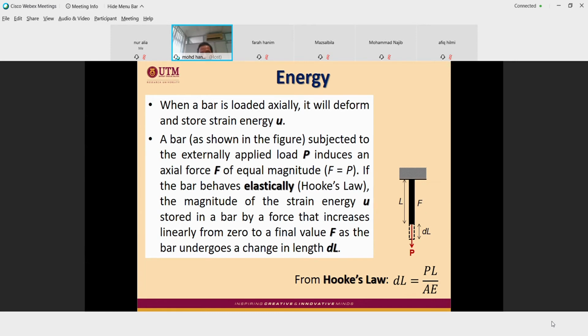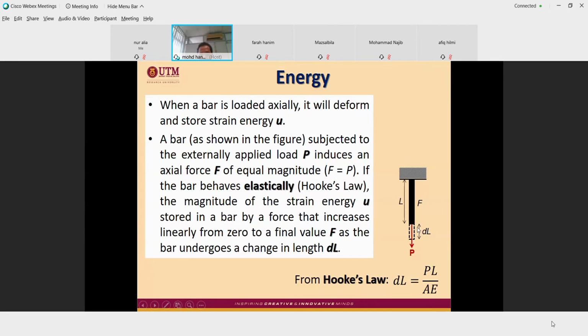Before we go to virtual work, I think this is relevant. We learned this one in statics, sorry, in engineering mechanics, about energy. When a bar is loaded axially, it will deform and store strain energy U. When a bar is elongated or loaded axially, it will deform dL.